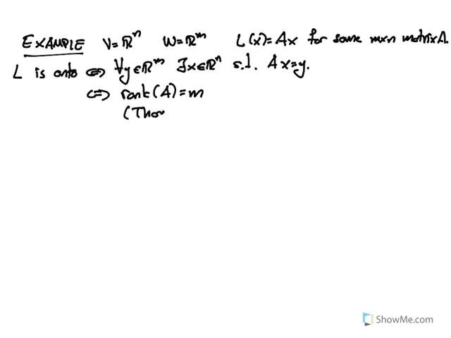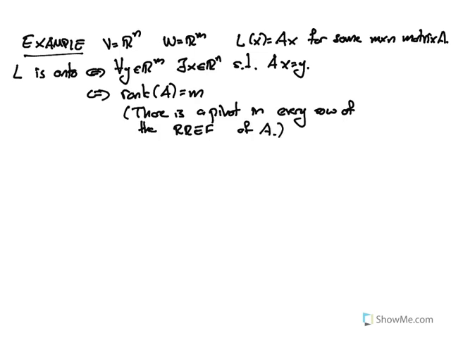In other words, there is a pivot in every row of the RREF of A. In this case, it's impossible for this linear system Ax equal to y to be inconsistent. For every y, it has a solution.